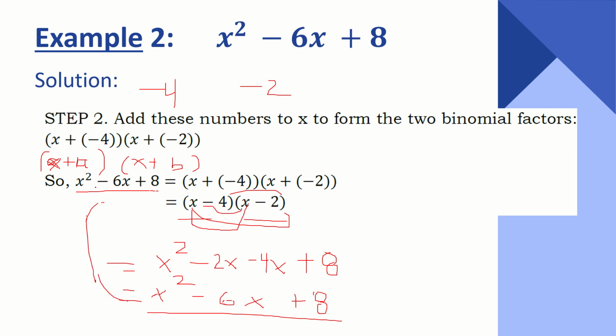So, ing ana ang pagkuha sa factor sa general trinomial. You have to know first the factor sa atoang last term. Have to identify the factors sa atong last term. And mangita kang factor sa imong last term nga kung i-multiply nimo mo result atong last term nga kung i-plus pud nimo mo result sa middle term.